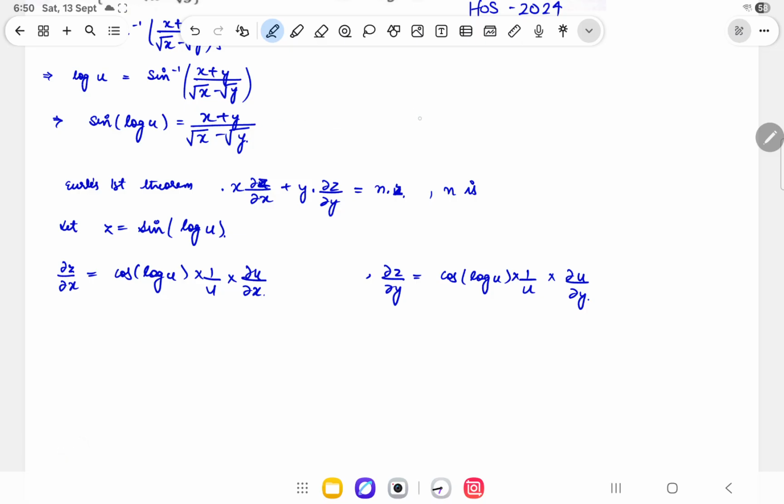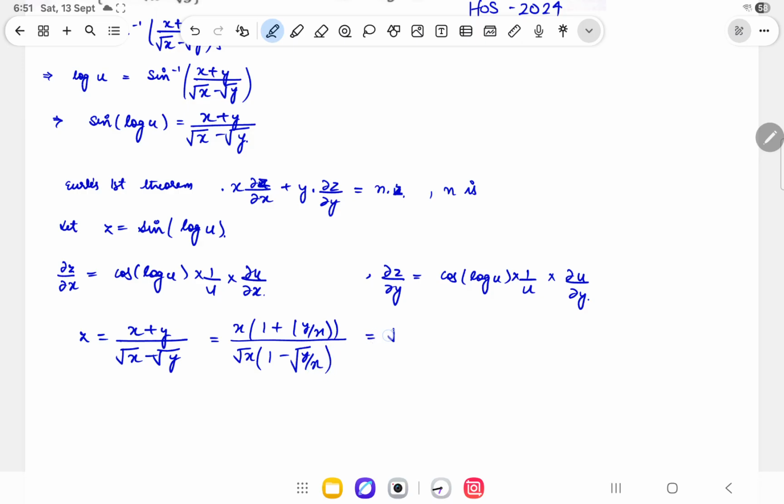I can write z as x plus y divided by under root x minus under root y. I can take x common from the numerator, getting 1 plus y by x, and under root x common from the denominator, getting 1 minus under root y by x.